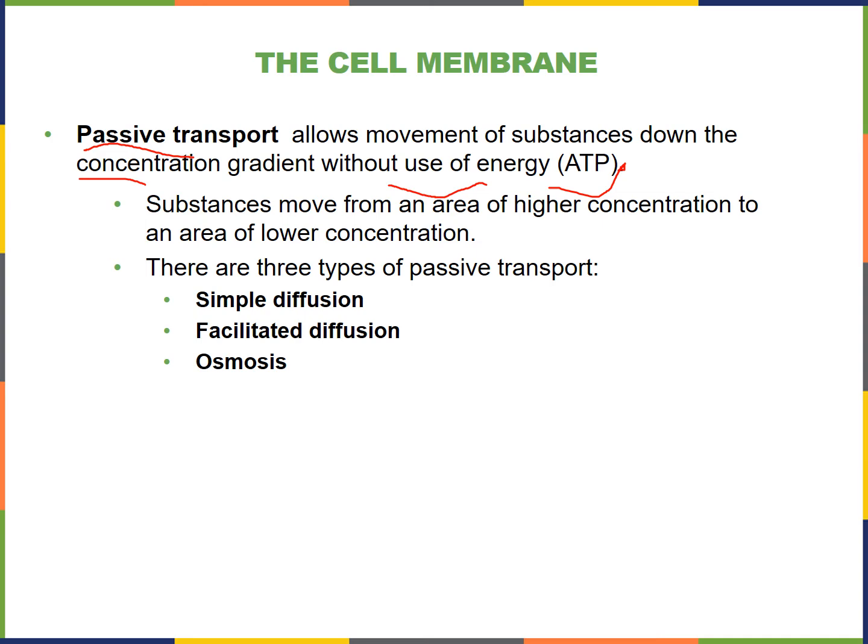Without it, you cannot even blink an eye. We spoke about it before. The substances move from an area of higher concentration to lower concentration, which is easy, right? So you don't need energy. But there are 3 types of passive transport: simple diffusion, facilitated diffusion, and osmosis.